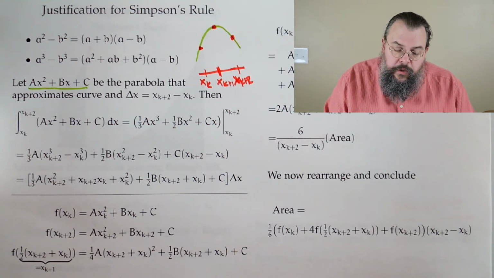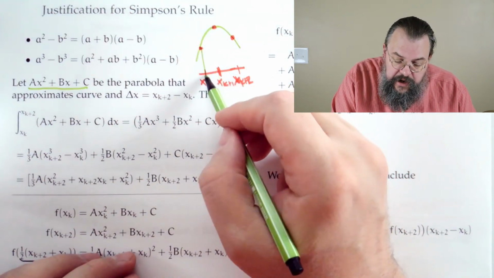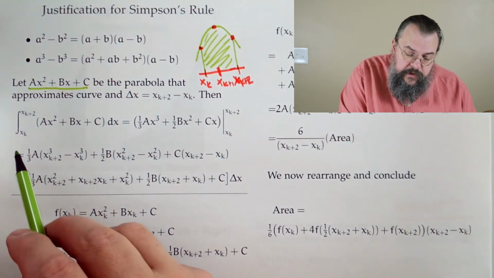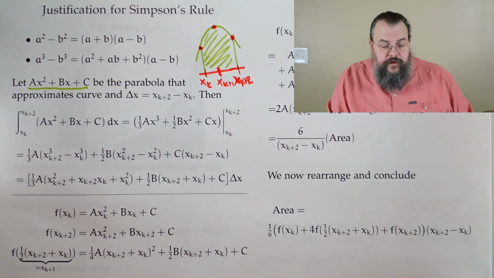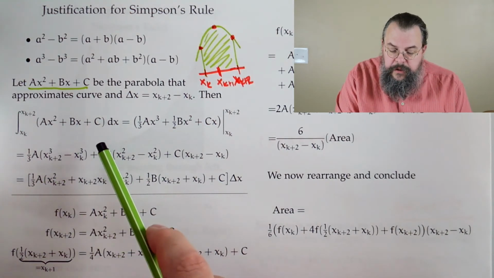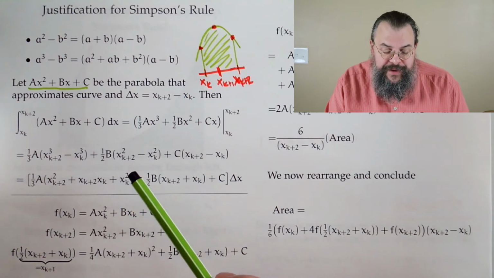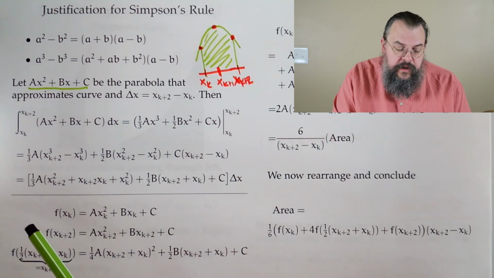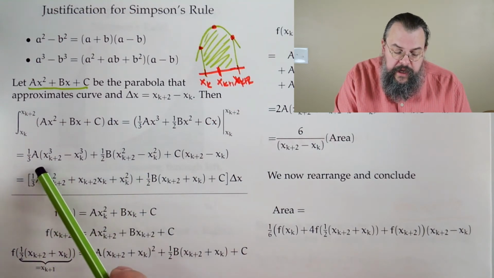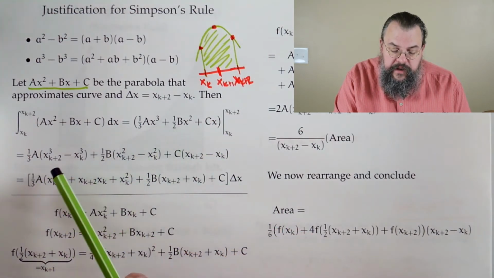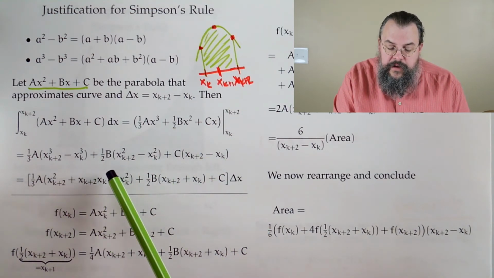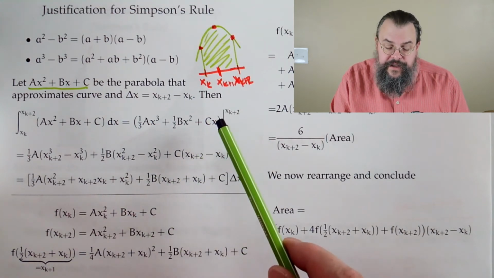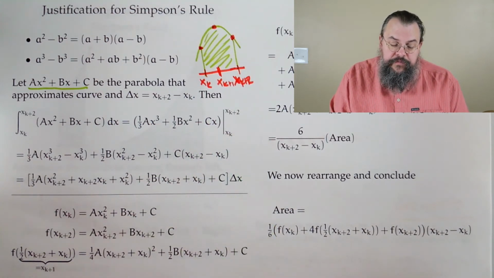Now we say, look, we need to figure out what's this area. So that's our goal. How do we find this area? Well, you integrate from xk to xk plus 2, ax squared plus bx plus c. We know how to integrate parabolas: 1/3 ax cubed, a half bx squared, and cx, and evaluate. So 1/3 a, then it's the top, xk plus 2 cubed minus the bottom, xk cubed, a half b, the top, xk plus 2 squared minus the bottom, xk squared, and then c times xk plus 2 minus xk.